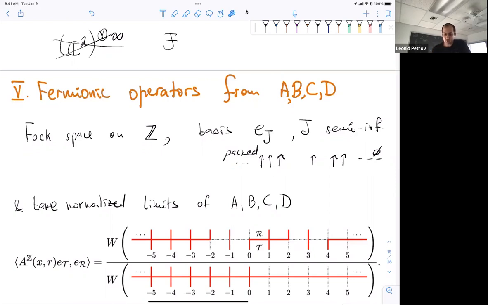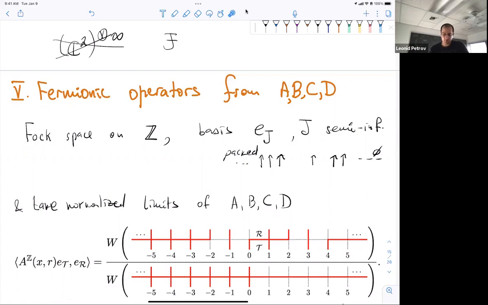For each such configuration, I formally define E1 infinitely many times, then some combination of E1, E0 tensor product, and then E0 infinitely many times after that. These are my basis elements, which are going to be orthonormal. And the Fock space is by definition the Hilbert completion of that.